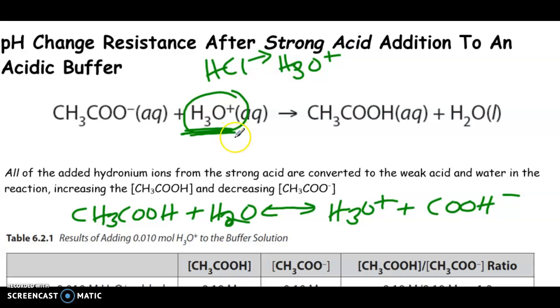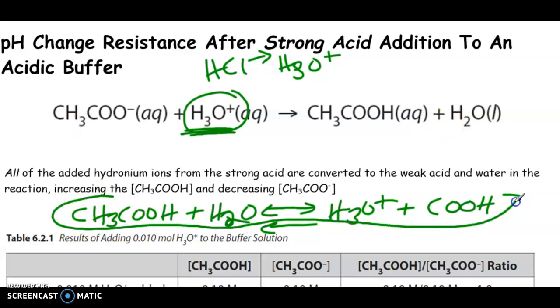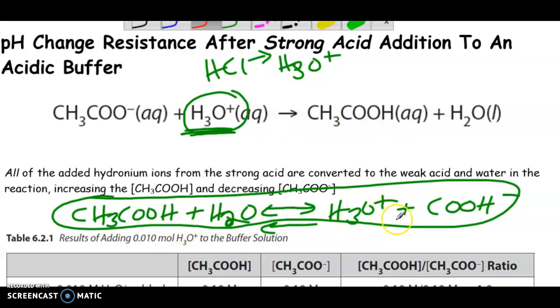So when you add in hydronium, it's going to essentially push the reverse reaction of your buffer to occur. So I know this is written as if it's a forward reaction, but if you look at your original equilibrium, it's actually the reverse reaction, right? So if I have an increase in hydroxide, I said hydroxide, I mean hydronium, I'm really sorry.